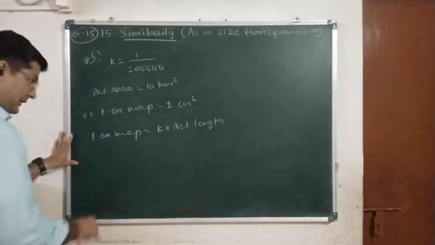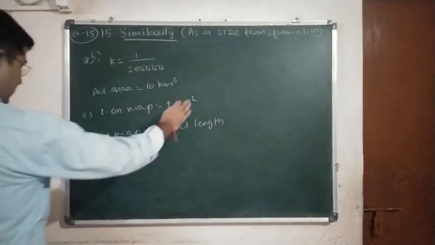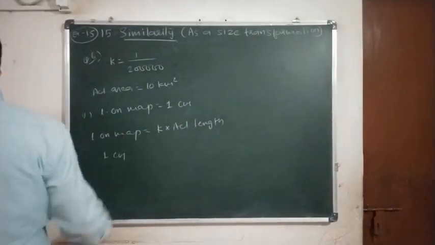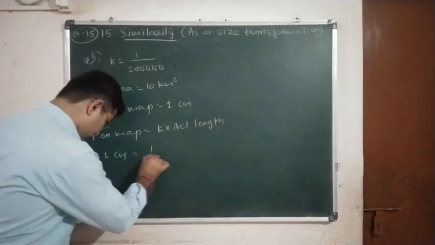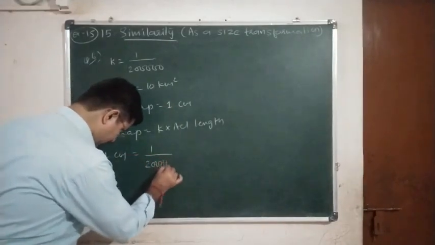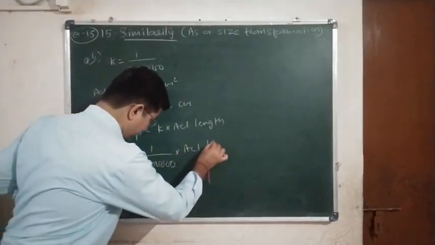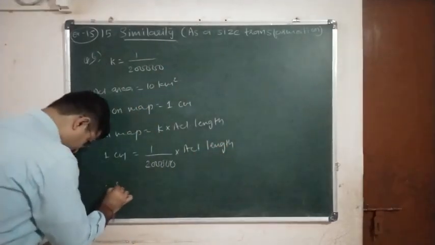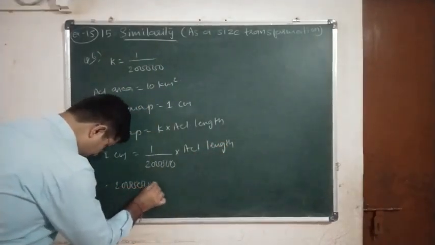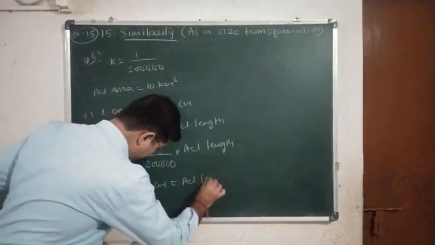Clear? So length on map is 1 centimeter. Okay, this is not square centimeter, but the length is 1 centimeter. So 1 centimeter is equal to 1/2 lakh into actual length. So 2 lakh into 1 will be 2 lakh centimeters is equal to actual length.